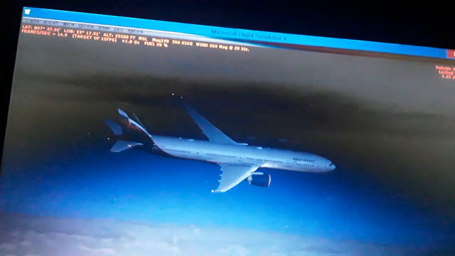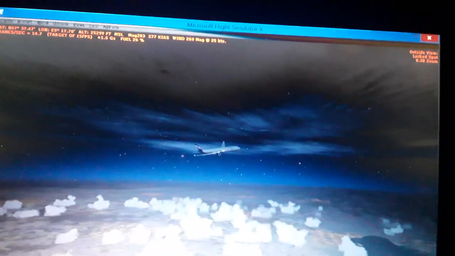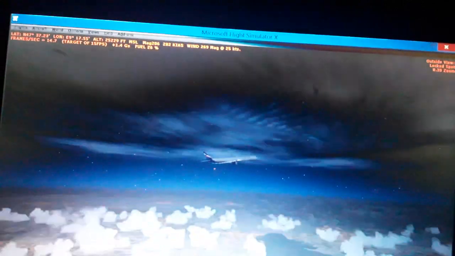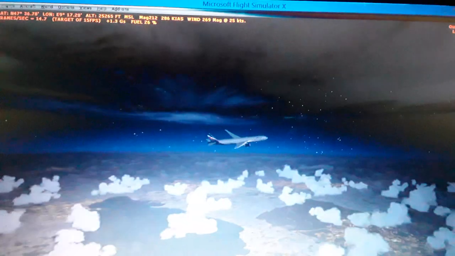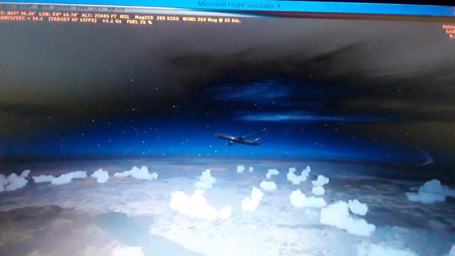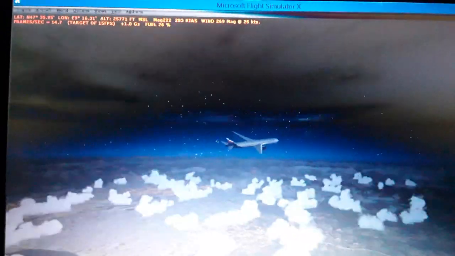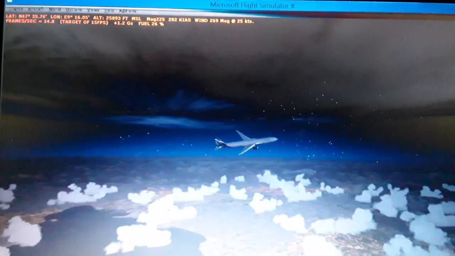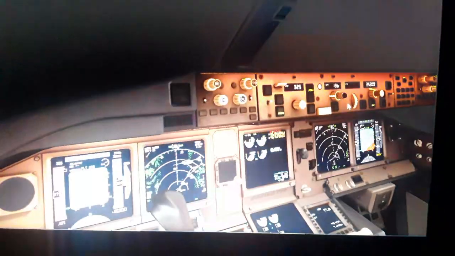As we are flying Zurich and the Switzerland, so we are 34,000. So we have the galaxy, also the view. So we need to set back for the airport over here as we cruise.